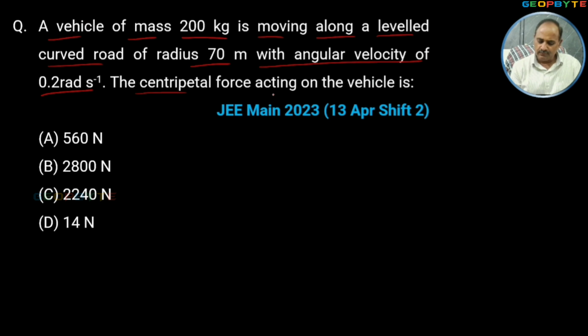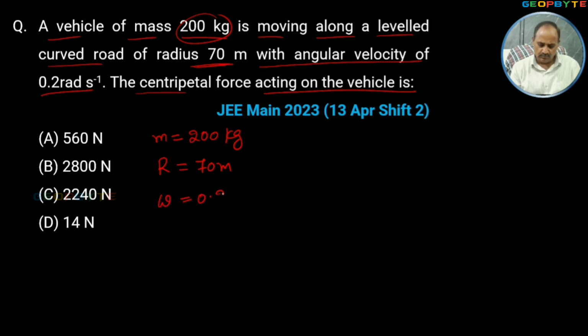The centripetal force acting on the vehicle is... The data given is mass 200 kg, the radius of the curved road is 70 meters, with angular velocity omega equal to 0.2 radians per second.